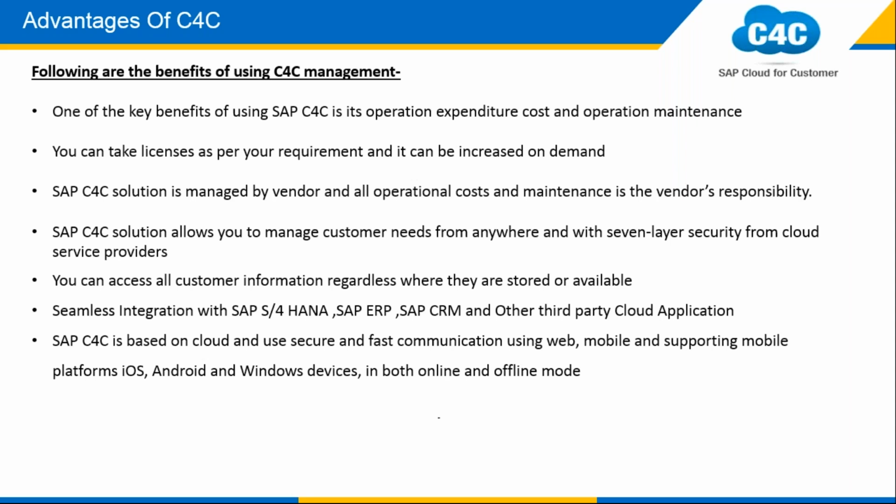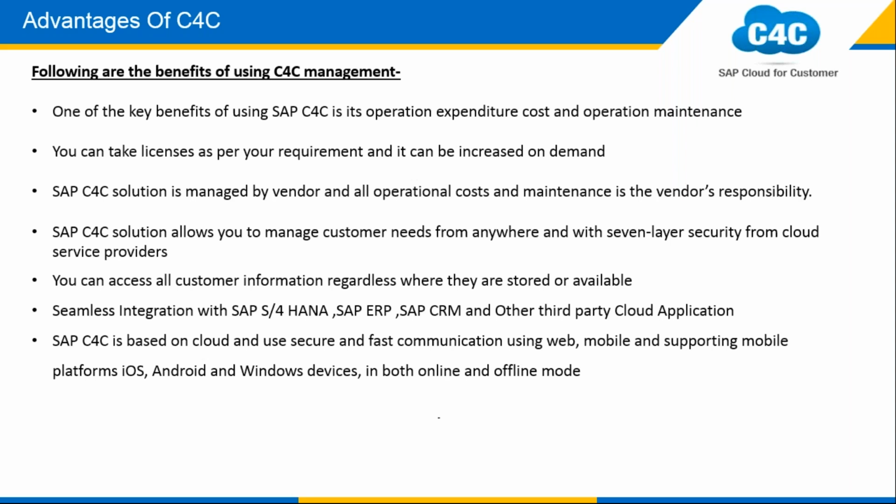But coming to a cloud application, how will it work? You can launch it in any browser with a user ID and password. But SAP assures that there is a 7-layer security maintained, which is a very highly secured security layer.